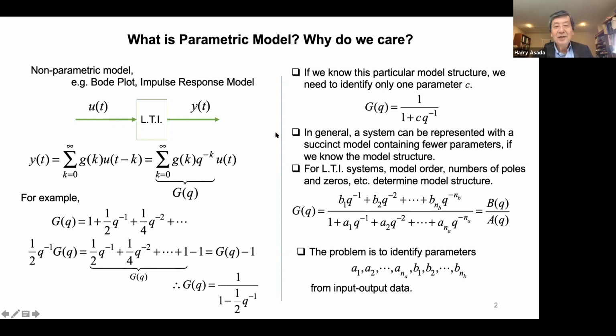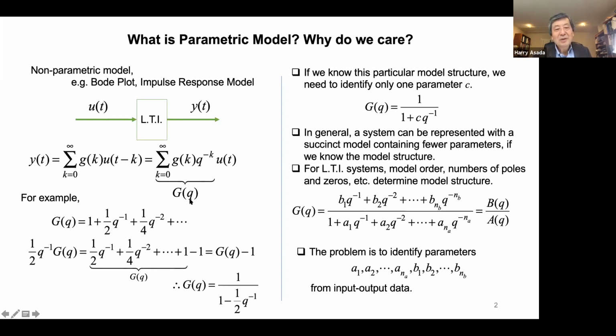So this is a very extraordinary case, but in general, a system can be represented with a more succinct model containing fewer parameters. If we know some model structure, we can bring in some parametric structure, and then we can represent it in a more condensed form.